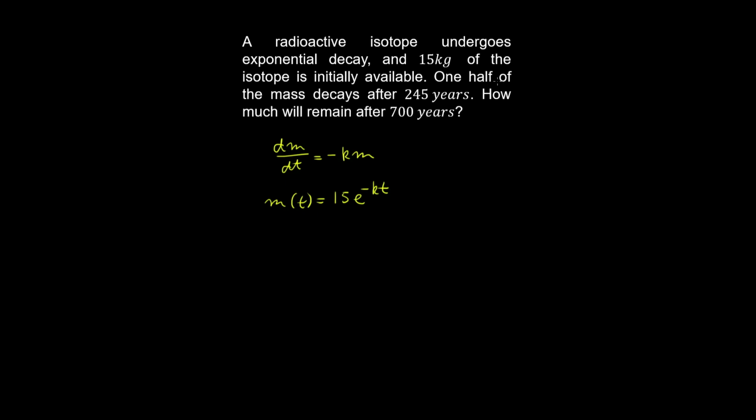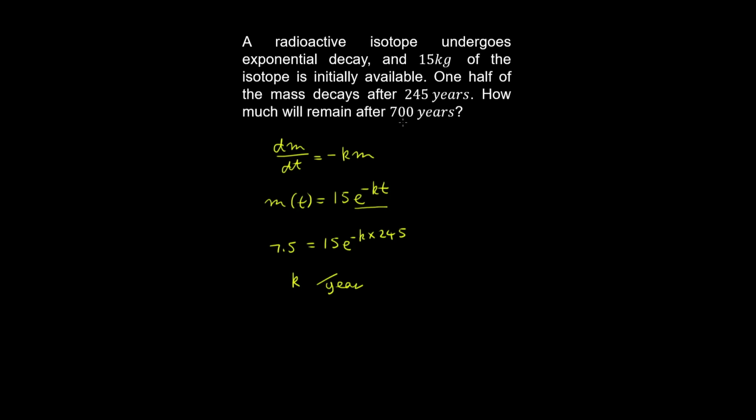And given that we have 1/2 of the mass decaying after 245 years, what we have is the mass m0 over 2 is equal to 15 by e to the minus k by 245 years. And then solving this equation, you'll be able to get the rate constant k, which is going to have units of per year, because when we multiply by time, this quantity is going to be dimensionless.